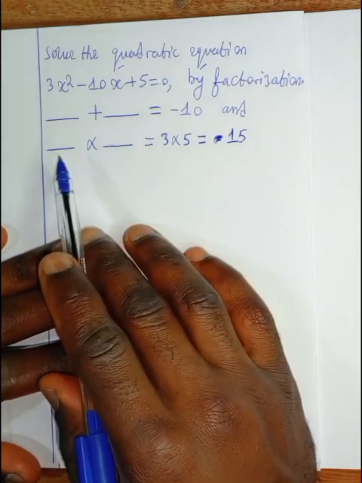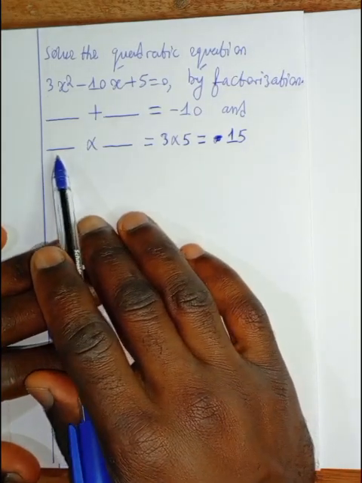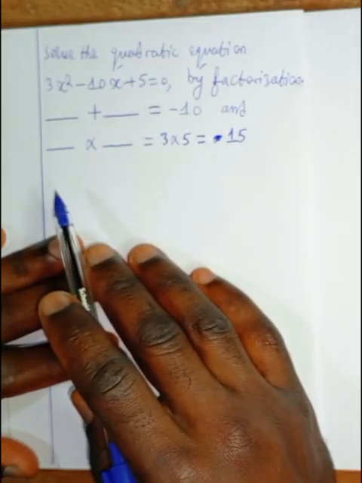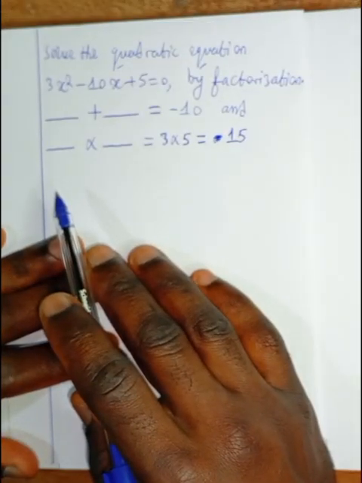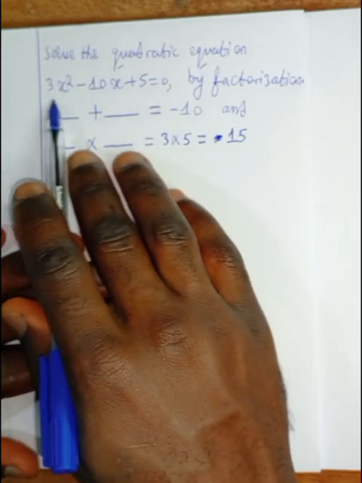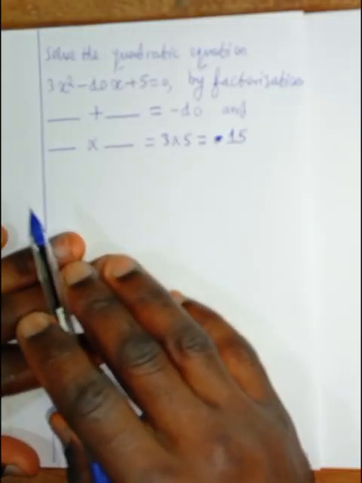Thinking of such numbers, you will notice that getting those numbers will be impossible, which simply means that the quadratic equation 3x squared minus 10x plus 5 equal to 0 cannot be solved by the method of factorization.